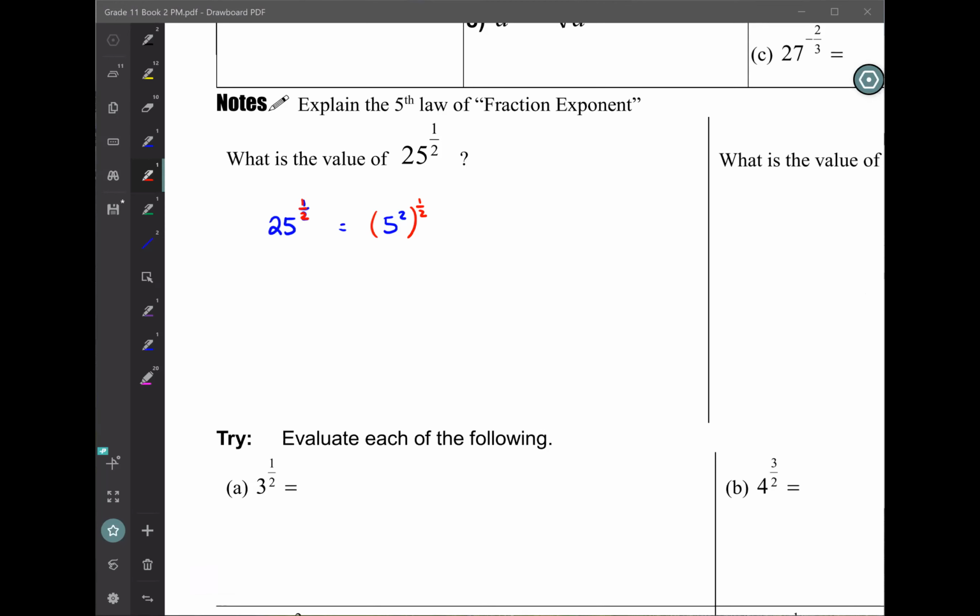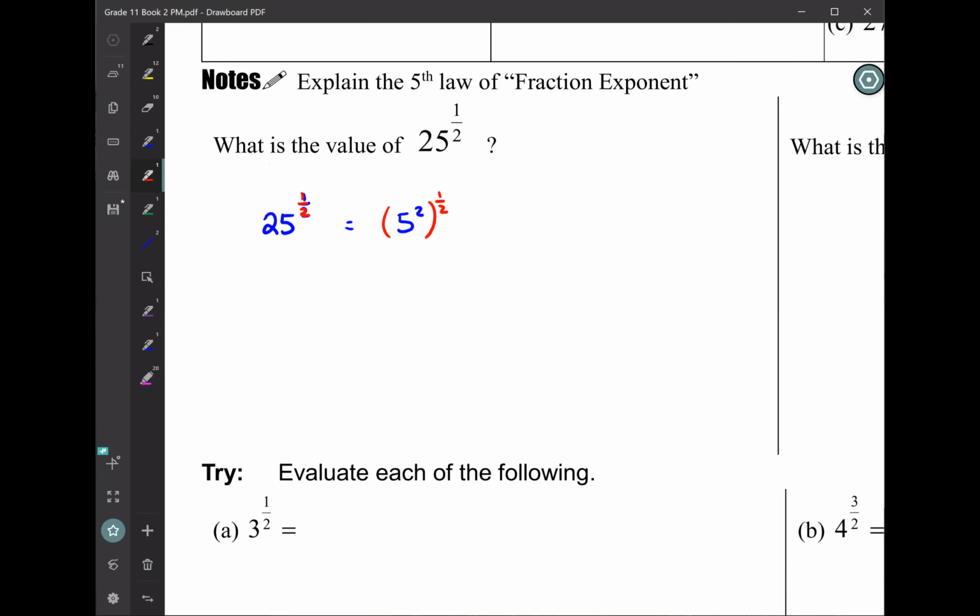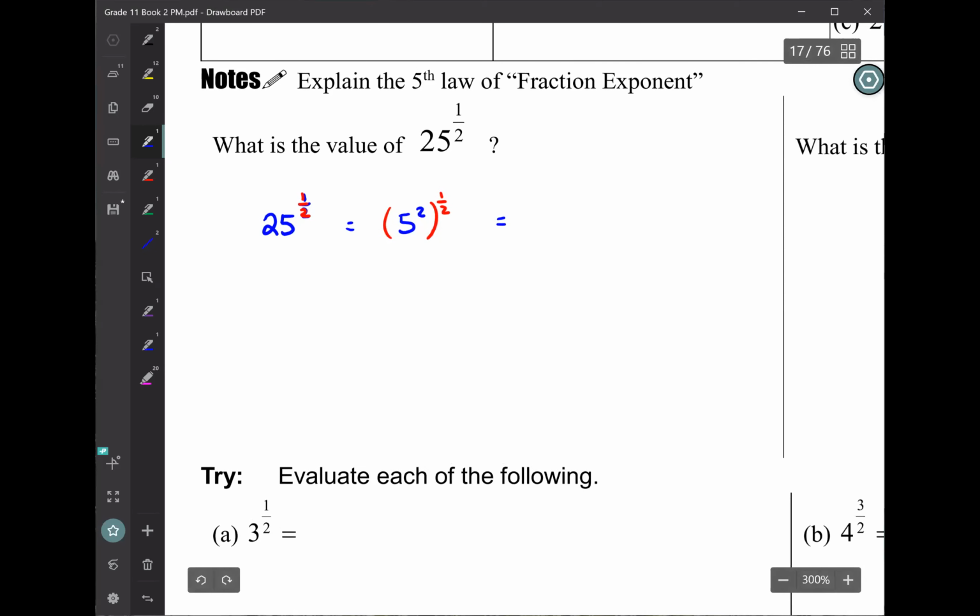Now you have two exponents next to each other. What do you think we can do to simplify this now? Harry? I don't know. Yes, you do know, because you did your homework.